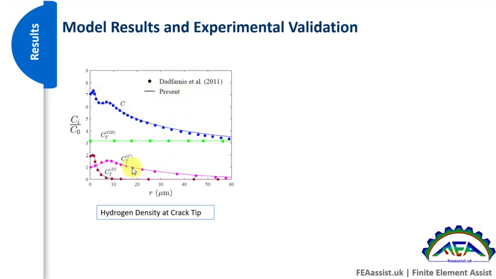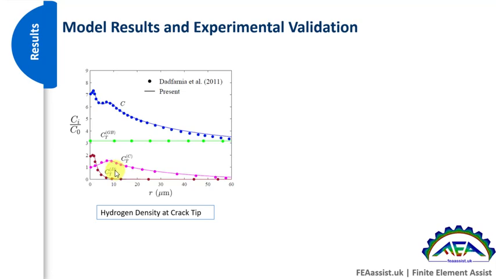Then look at the pink points. You can see an agreement between the model results and experiments for hydrogen trapped in the carbides. The amount of hydrogen atoms trapped in the carbides. And also the agreement for hydrogen trapped in the dislocations.